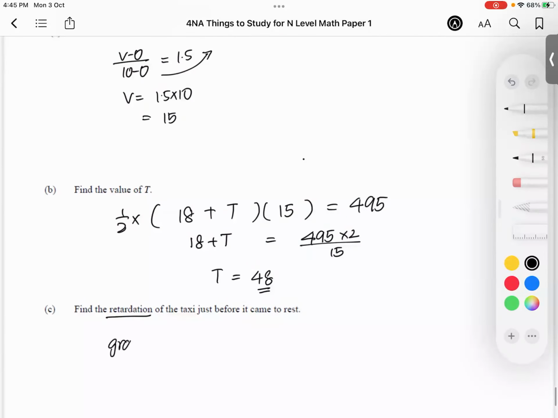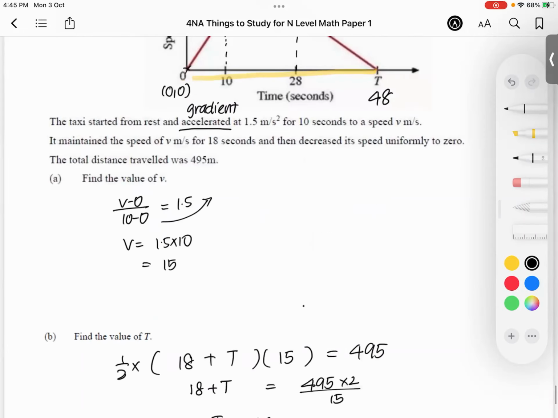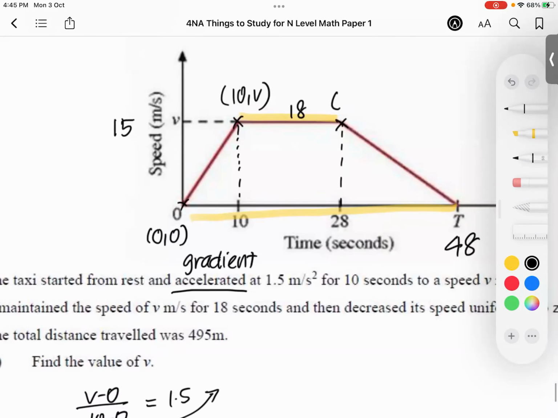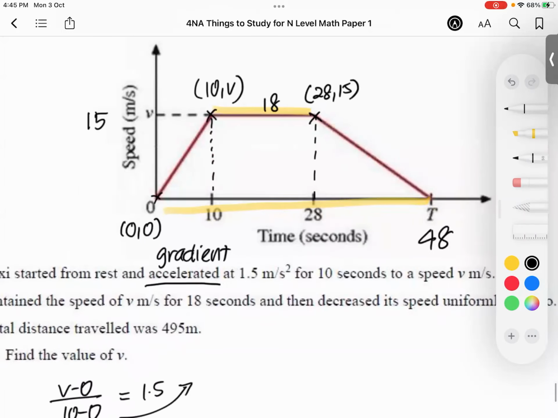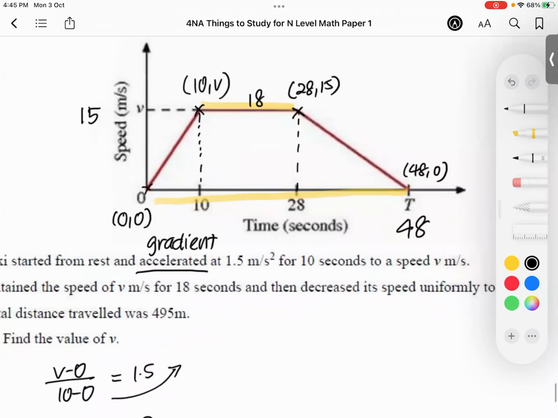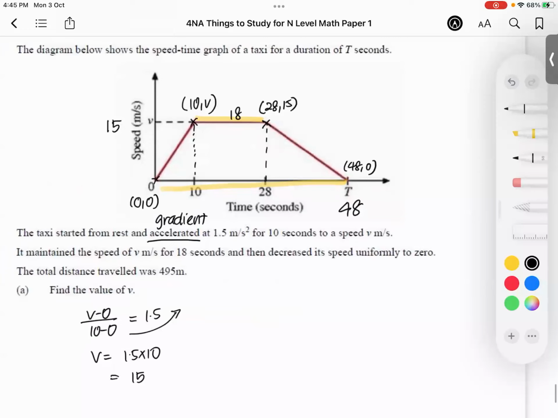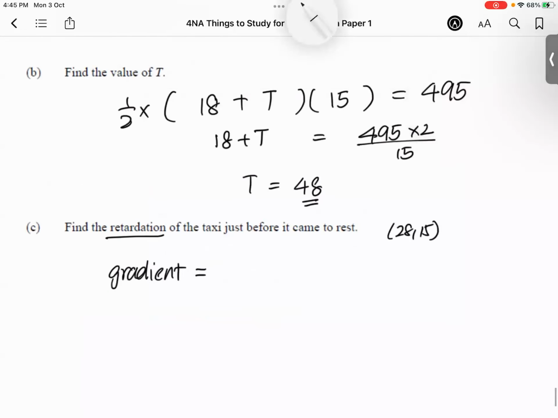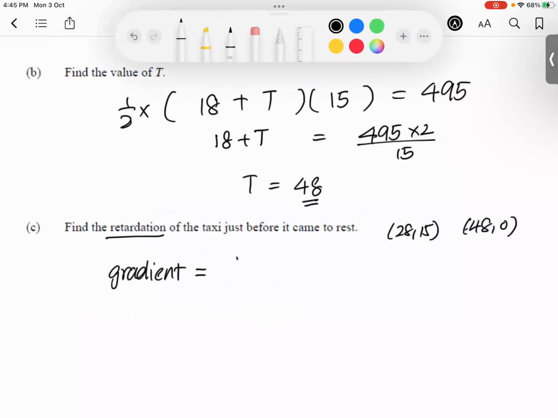Again, I'm looking for my gradient. But my gradient is acceleration. So gradient for this portion, this part retardation is going down. So 28, 15, and 48, 0. Y2 minus Y1 over X2 minus X1.